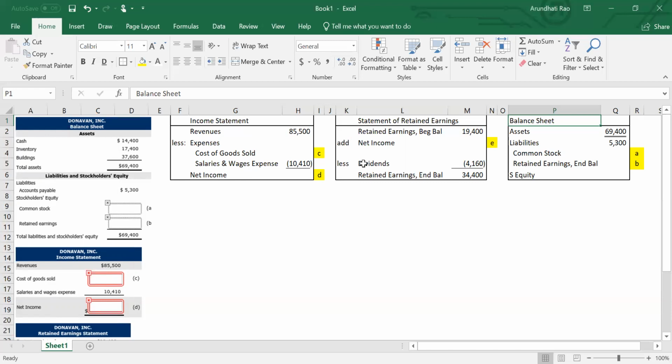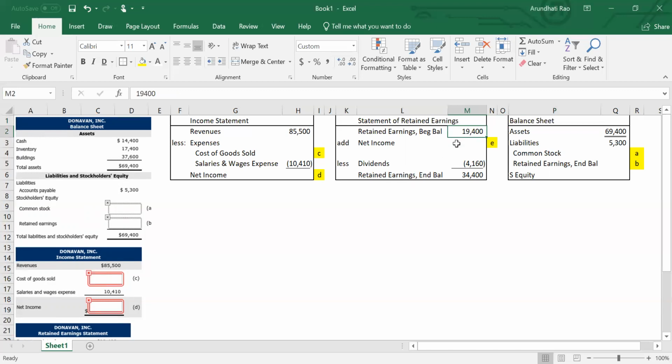A corporation does not have to pay out everything that is earned in net income; it does not have to be given out as dividends. If the board of directors decides to give out dividends, this is the number that's going to be paid out. So since this company has a retained earnings beginning balance, it's not a new business. From prior period, they've retained $19,400.